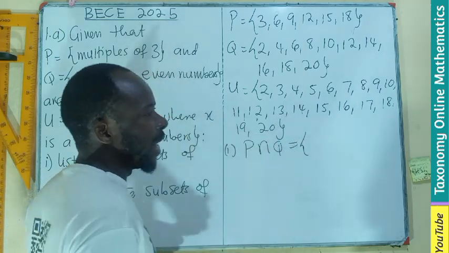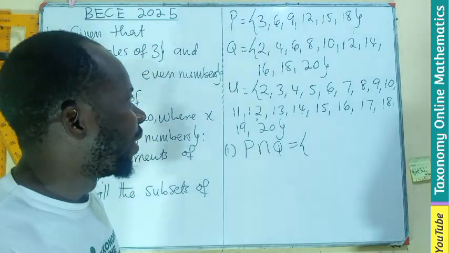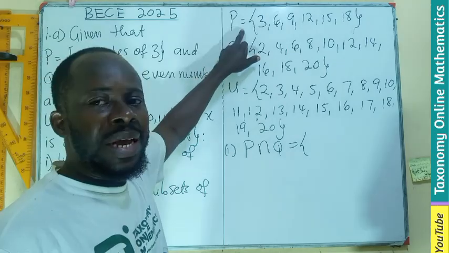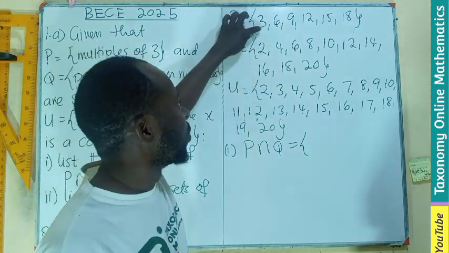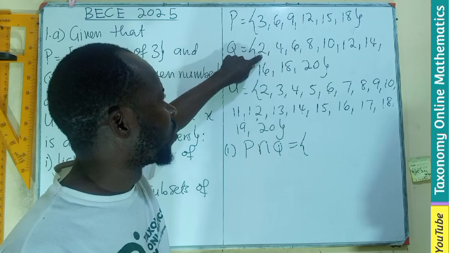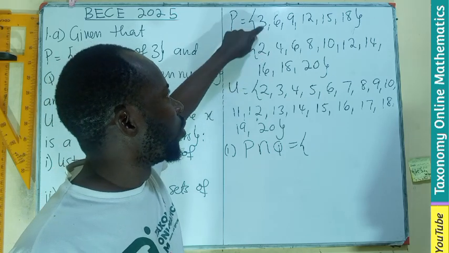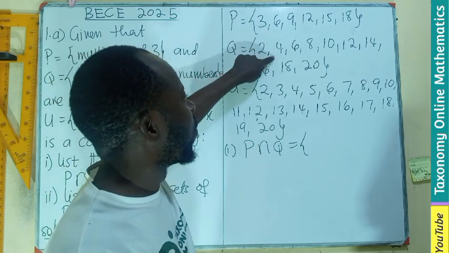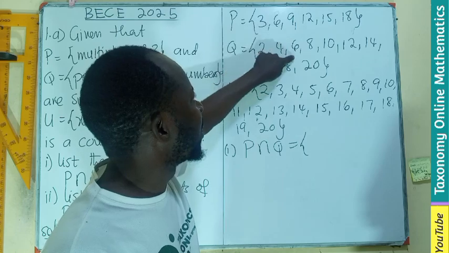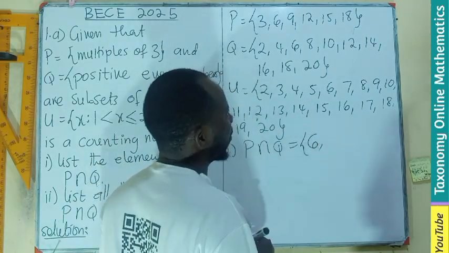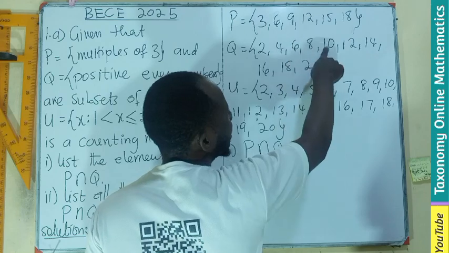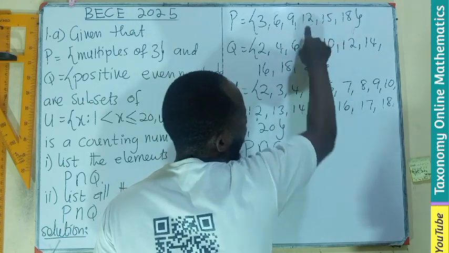All right, so the first part of the question is asking you to find the intersection of these two sets. The elements we can see in P at the same time in Q. Starting from here, since this is the smallest one, 2 is not there, 4 is not there, 6 is there. So the first number will be 6, 8, 10, 12.